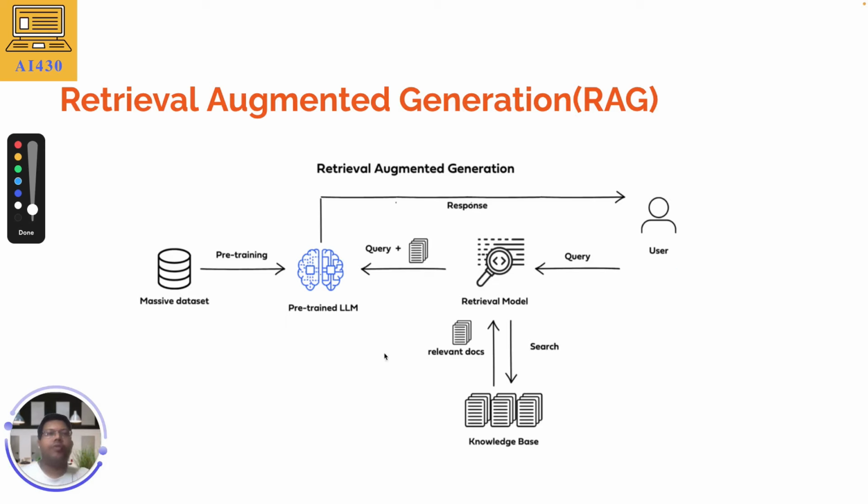Now, what you can do over here is bring in your own knowledge base. In retrieval augmented generation, there is a retrieval model in place, which you can see over here. It fetches the information from your knowledge base, which is here, and based on the query that the user has asked, it attaches the retrieved information, pushes it to the LLM, and gives the relevant information out to the user.